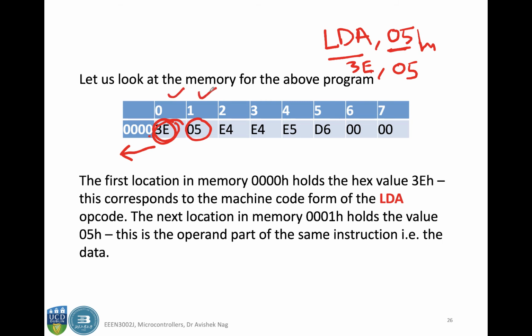Then the next step, as you recall, was incrementing A. INC A has an opcode that in hex equivalent form is E4. E4 is stored here, and this is a 1-byte instruction, so only E4 by itself, in memory location 2.